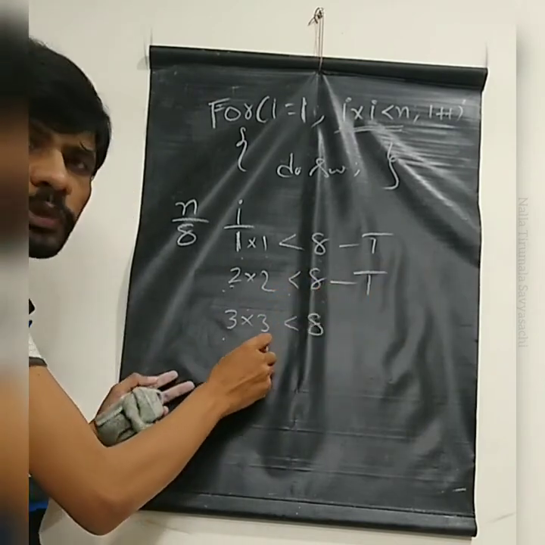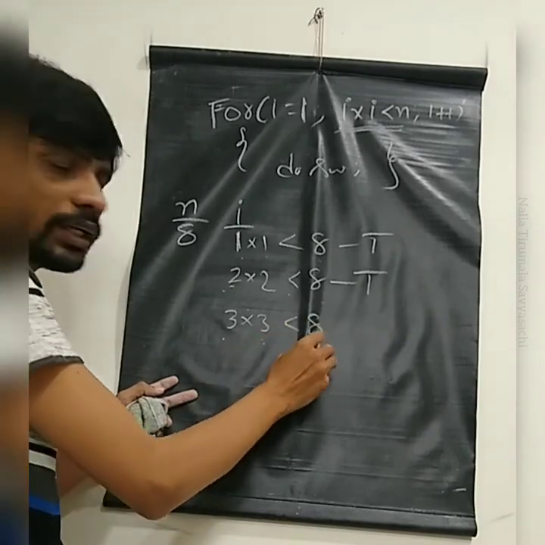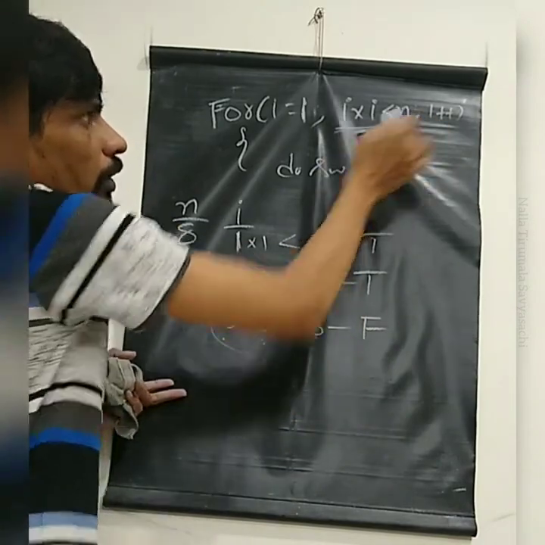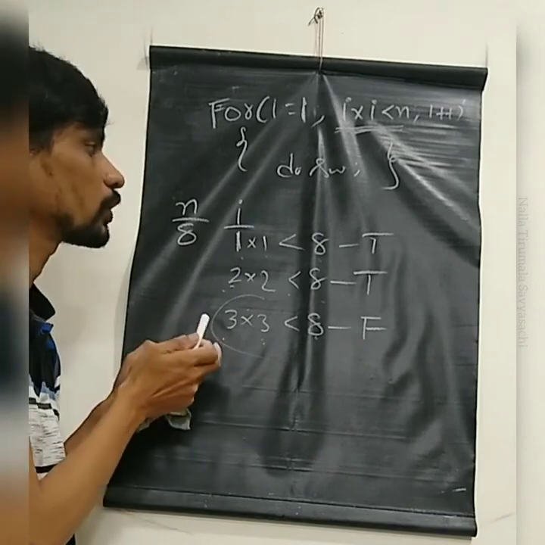Now 3 multiplied by 3, what is the value? 9. Is 9 less than 8? False. So my condition failed here, and I will stop the execution of this for loop.